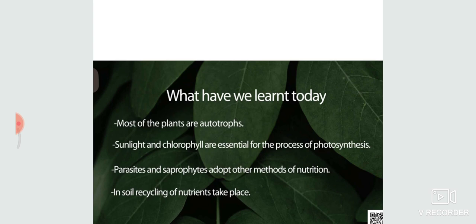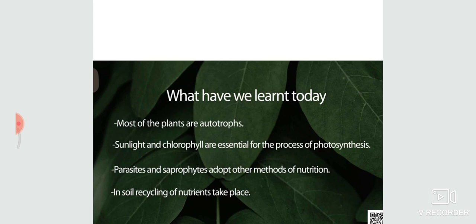Third, parasites and saprophytes adopt other modes of nutrition, as we learned today. They depend on others for their food. Next, recycling of nutrients takes place in the soil, which means the soil provides nutrients and can also replenish the nutrients.